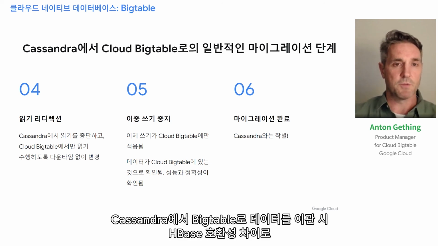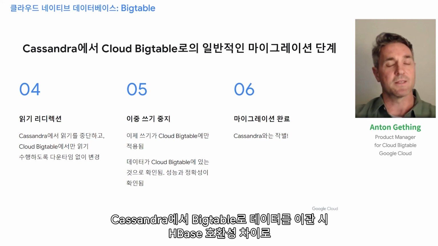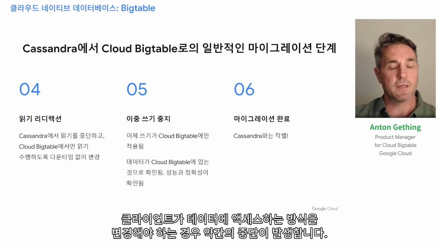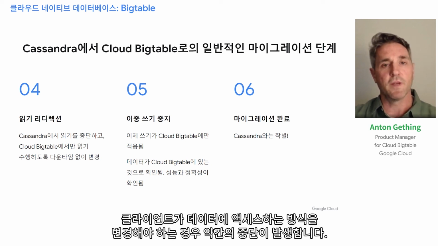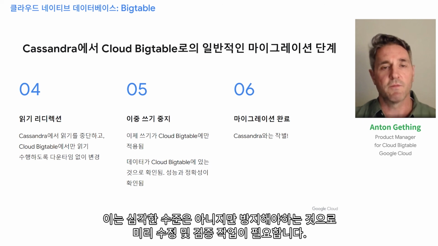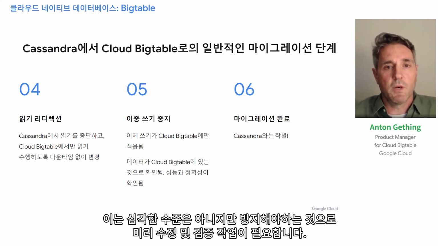There is some disruption to the clients accessing the data, where, different to the HBase compatibility, there is some compatibility friction in moving your data from Cassandra to Bigtable, where clients will need to update how they're accessing the data. The disruption isn't so significant that it's prohibitive, but you can expect to do a little bit of work there.